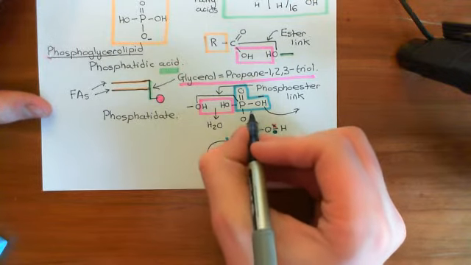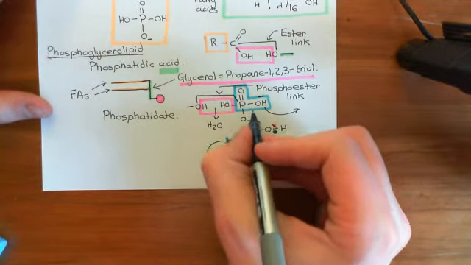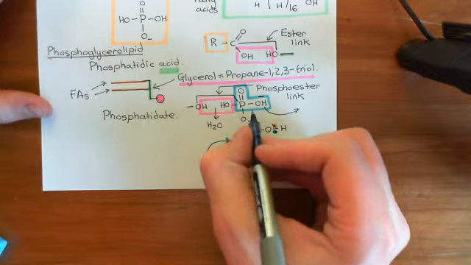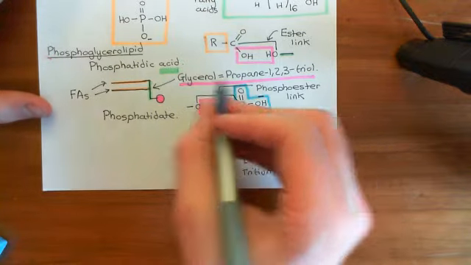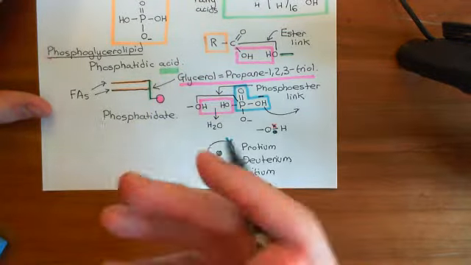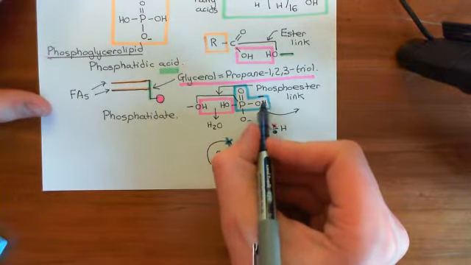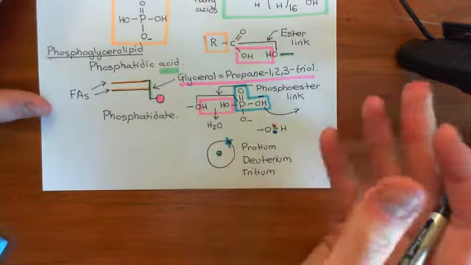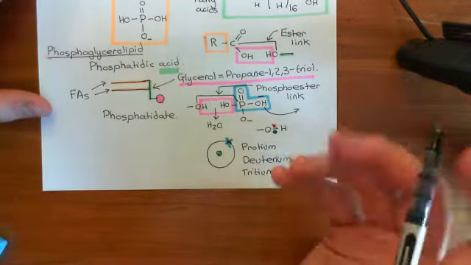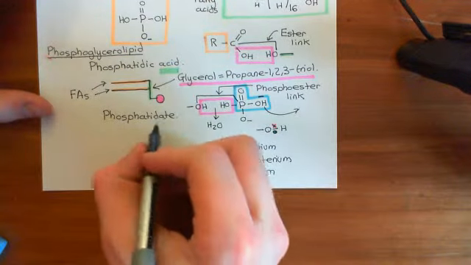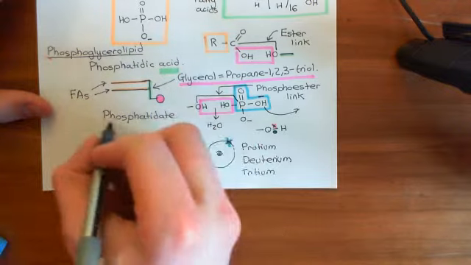Okay, because remember, the definition of an acid is a molecule which is capable of donating a proton away into solution. Once you have donated your proton away into solution, you can't donate another one. Okay, once you've got a negative charge on that oxygen and no proton left, then you can't donate a proton anymore. Okay, and this molecule is what's known as phosphatidate.